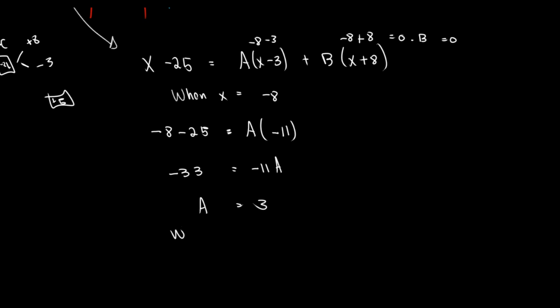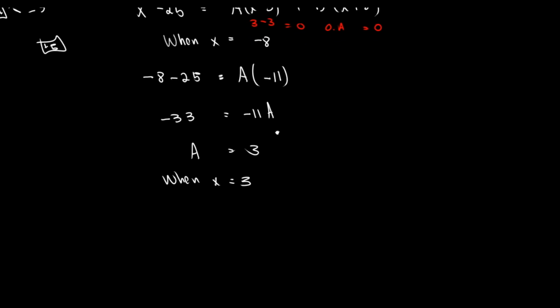So guess what I'm going to do now again? When x is equal to what? In this case, it's going to be 3, because if I say 3 minus 3, I get 0. And then 0 times a is 0. Okay, so when x is equal to 3, let's solve.